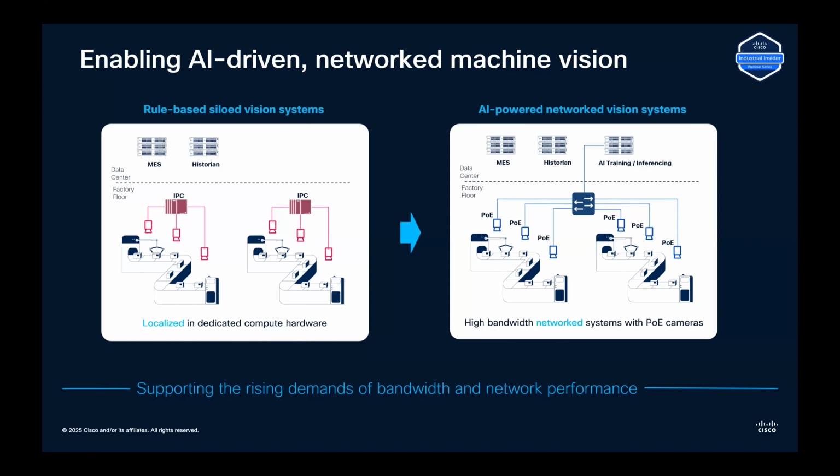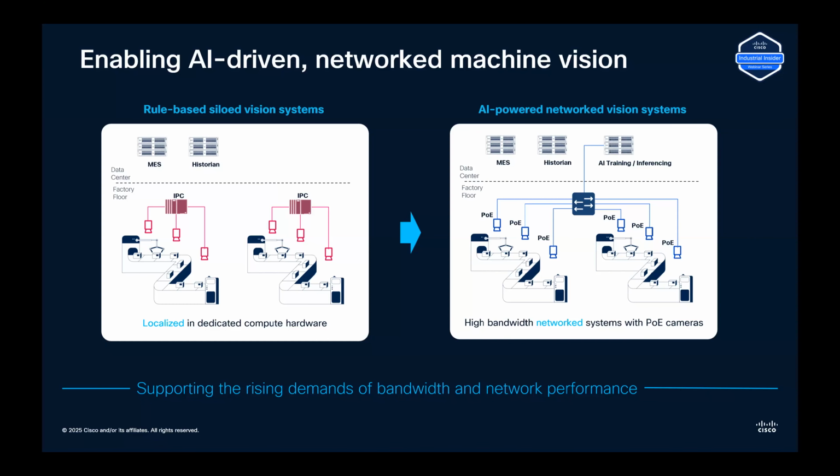Now, if you go to the right, what we are seeing now is that people are using these cameras and taking all of those video streams out to an AI server. Either they're doing some kind of edge processing on the cameras themselves, or they're sending these video streams to a backend server. So now you can apply AI algorithms to learn as you go along.